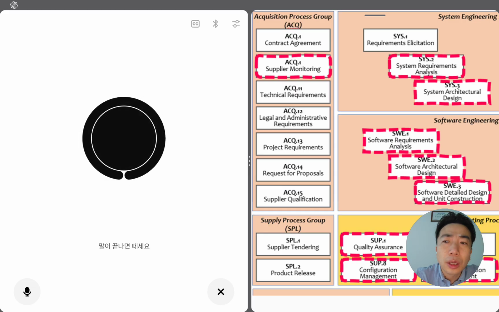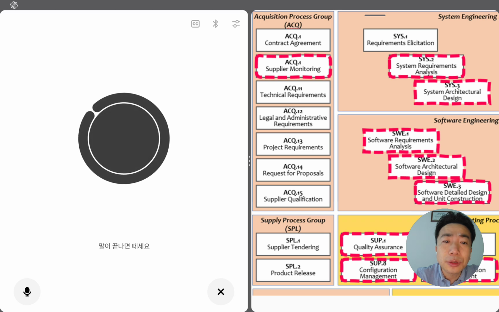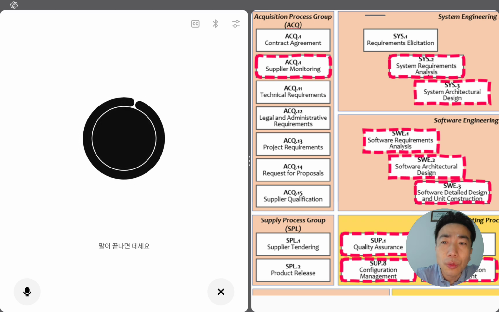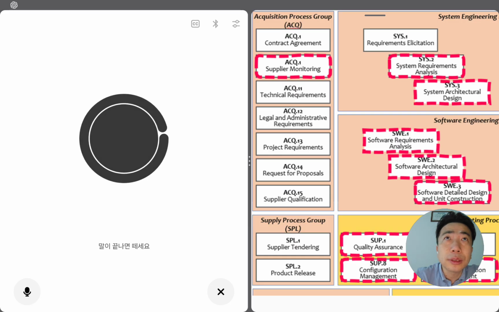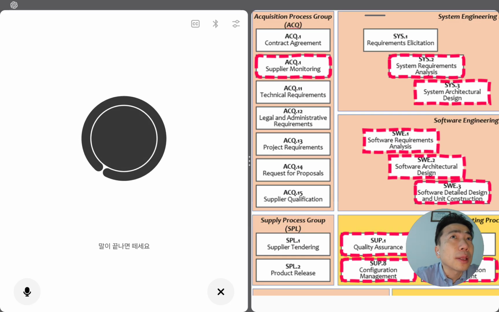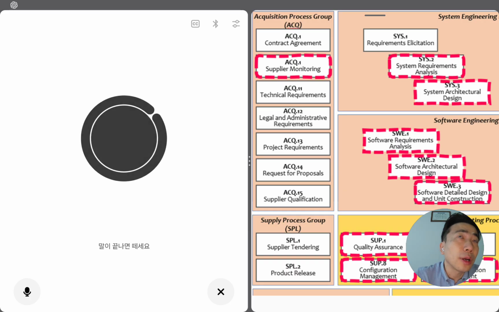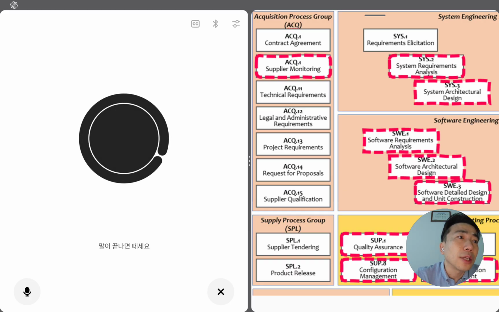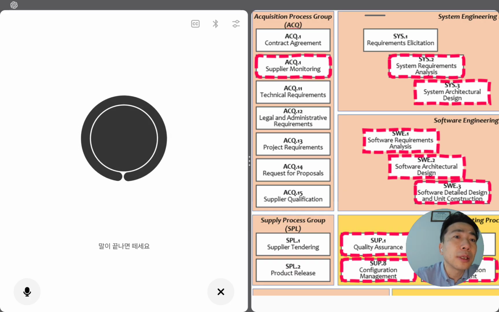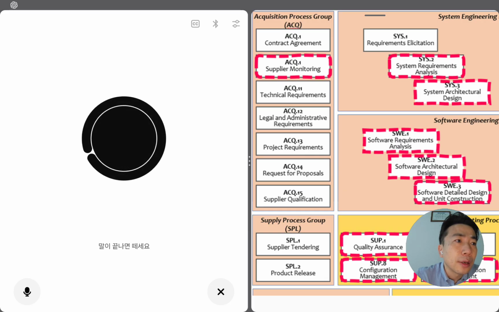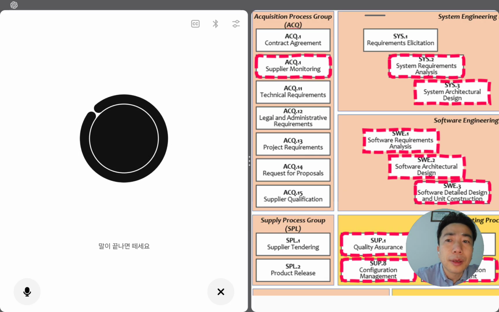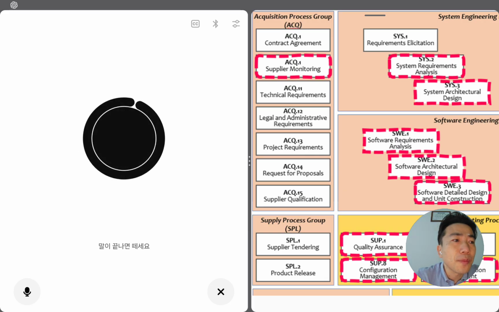I thought a lot about what we have to discuss today, what I handle for today's agenda, and I chose the ASPICE diagram for today's agenda. Let's talk about this.